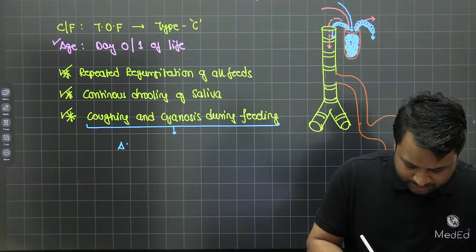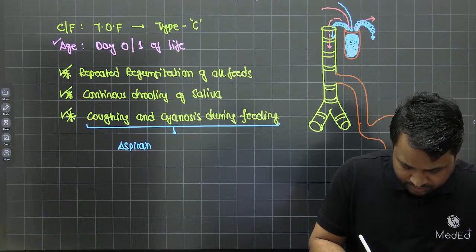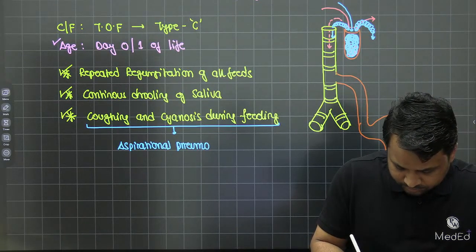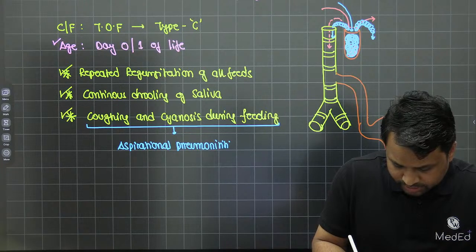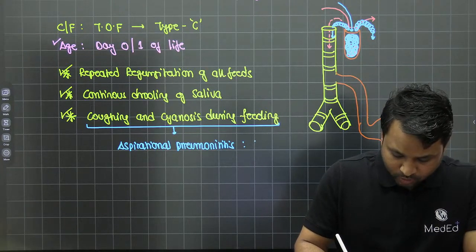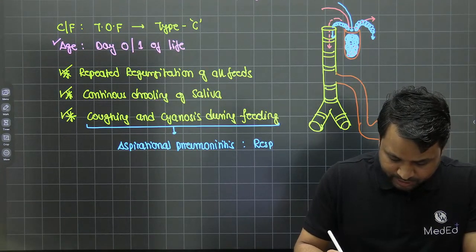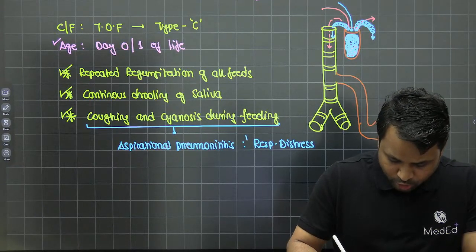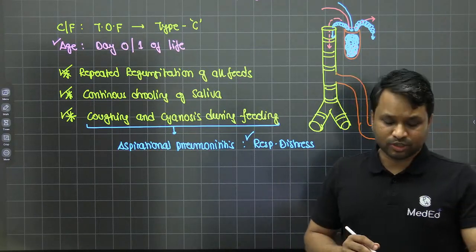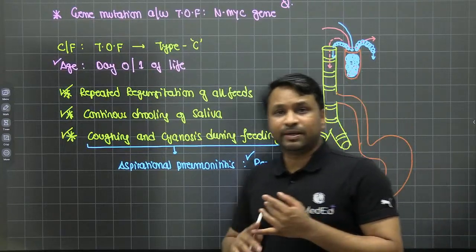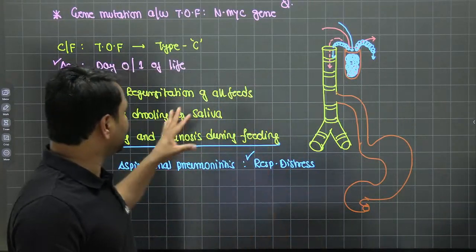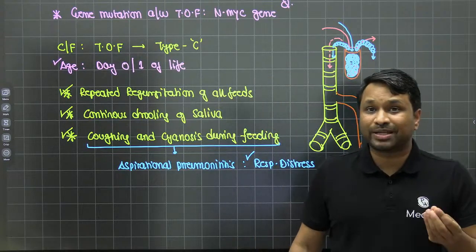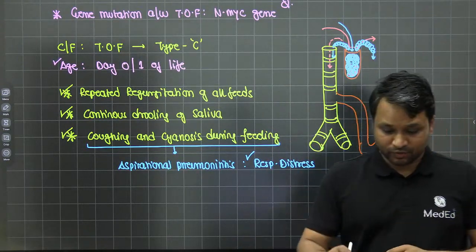This can result in aspiration pneumonitis and also result in pneumonia, which will now result in respiratory distress. So these babies will also present to you with respiratory distress because of the aspiration, right? So there's repeated rejection of all feeds, there's continuous drooling of saliva, there's coughing and cyanosis during feeding, and the baby will also present to you with respiratory distress because of all this.